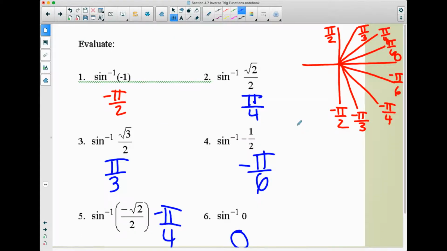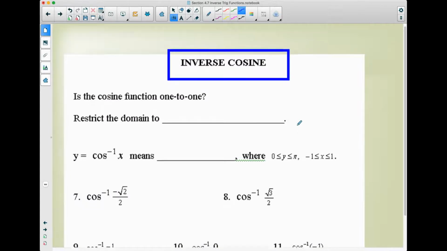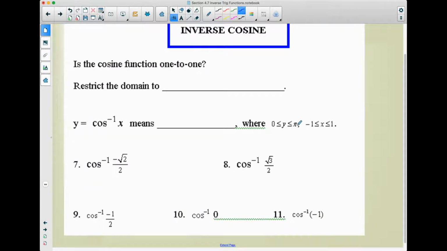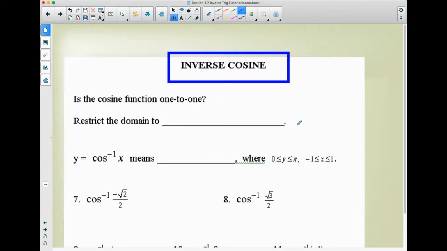Okay, let's do cosine. Go ahead and graph cosine just like we did sine.